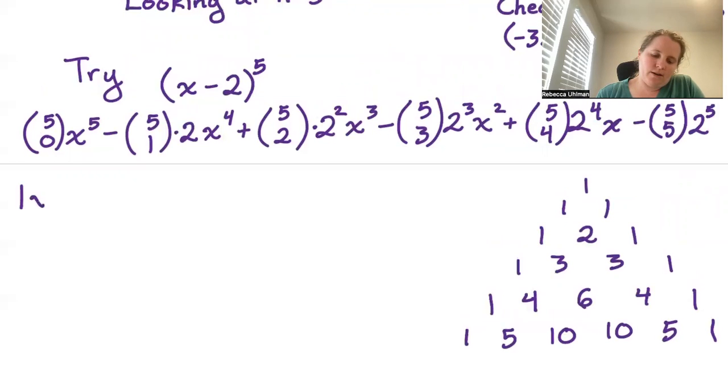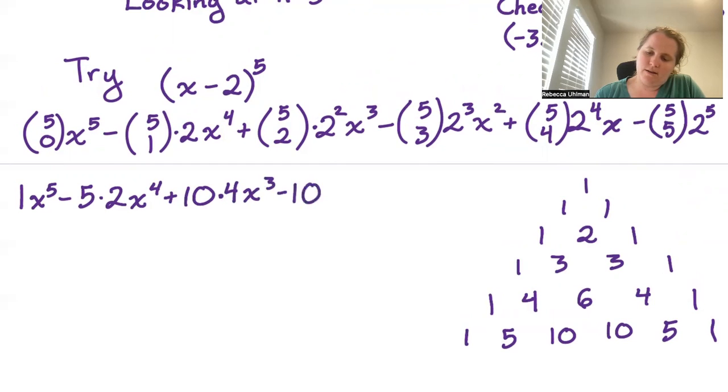So we have 1x to the 5th minus 5 times 2x to the 4th plus 10 times 4x cubed minus 10 times 8x squared plus 5 times 16x minus 1 times 32.